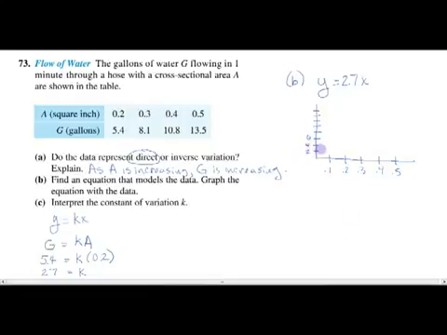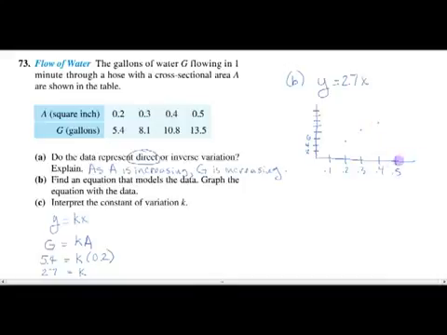So if I have a 0.2, I ended up with a 5.4, it's about right here. And a 0.3, I get an 8.1, so somewhere around in here. And for 0.4, it said that I have a 10.8, so that'd be 6, 8, 10.8. It's almost 11, so it's about right there.